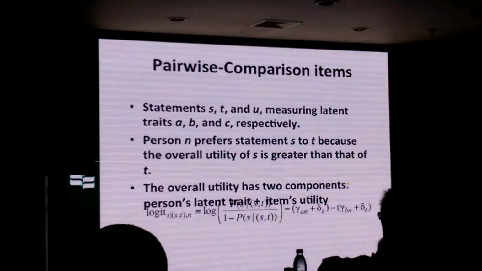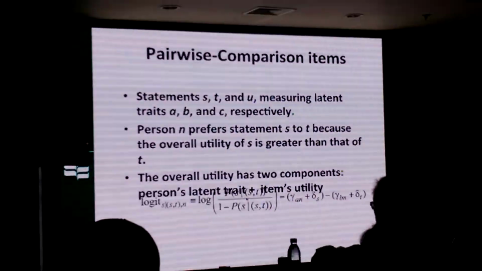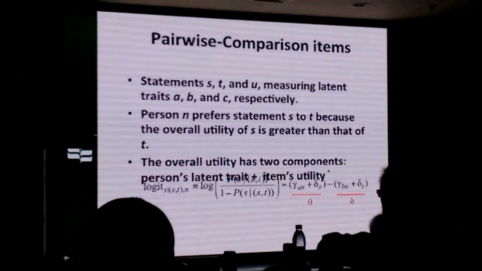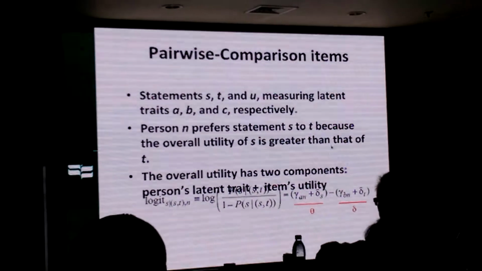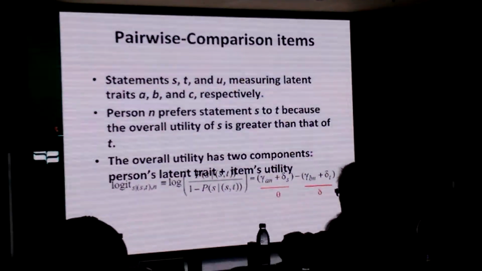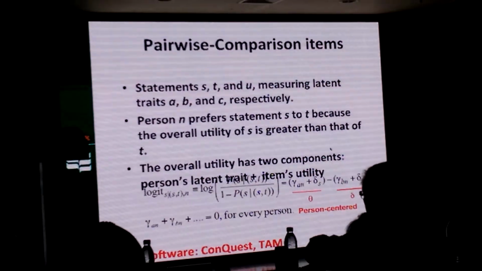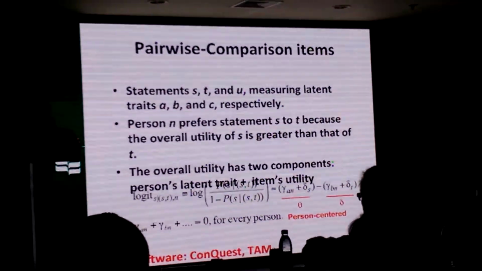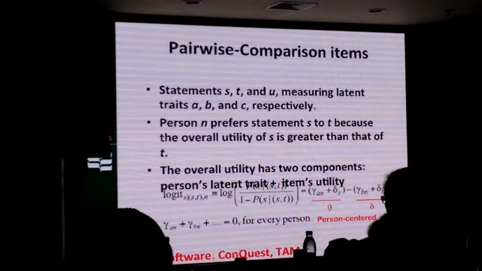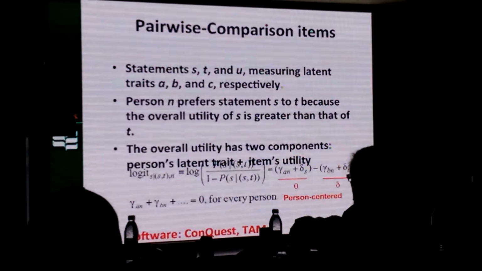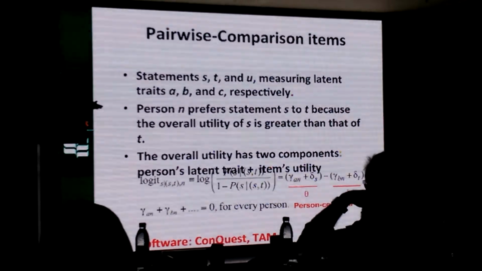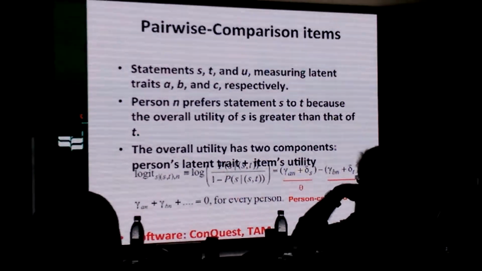So once we have the model, this is the logit, just like in the Rasch family, right? We like to have equations that are expressed in terms of logits. So the logit of, that means the numerator is the probability of selecting S in a pair of statements S and T, right?